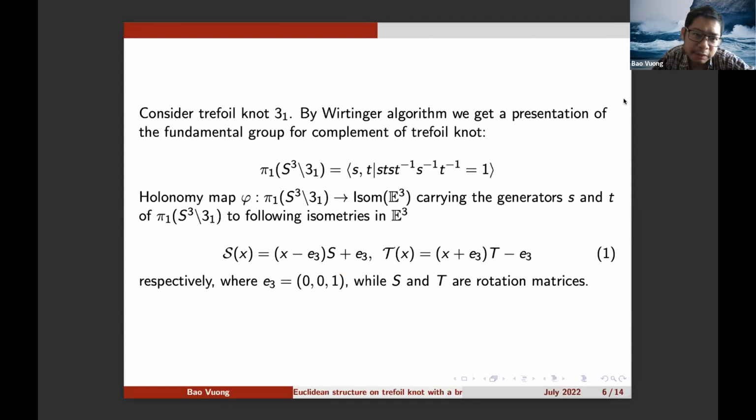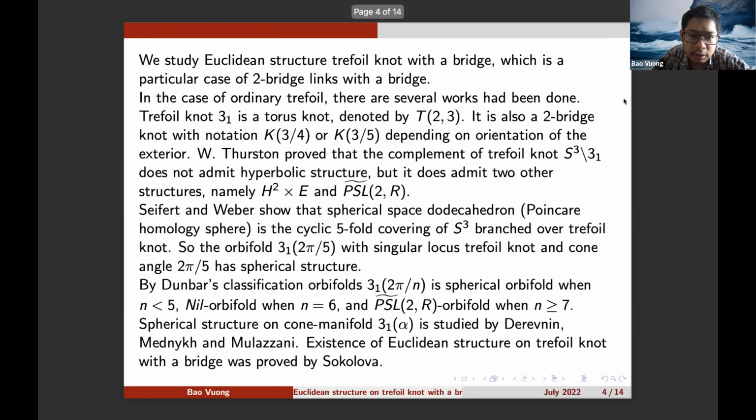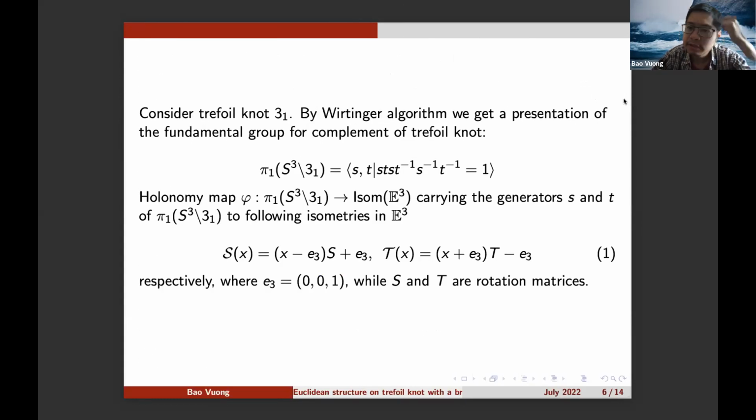So we consider the trefoil knot 3_1, and by writing the algorithm, we get a presentation of the fundamental group of the complement of the trefoil knot, which is shown on the slide. You might see my mouse.